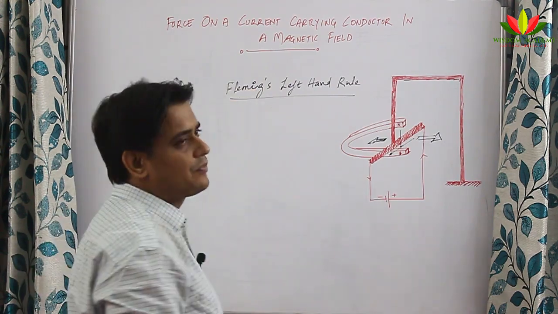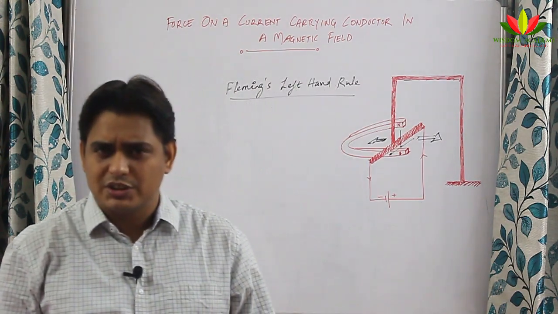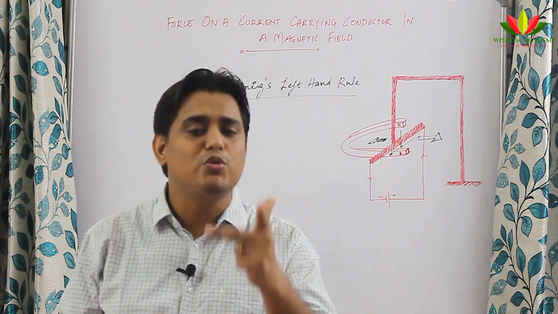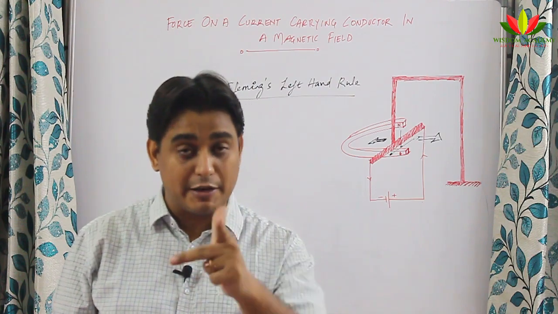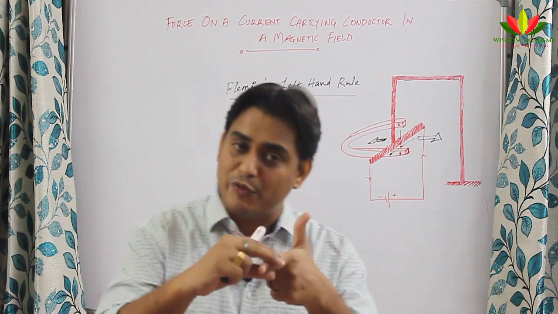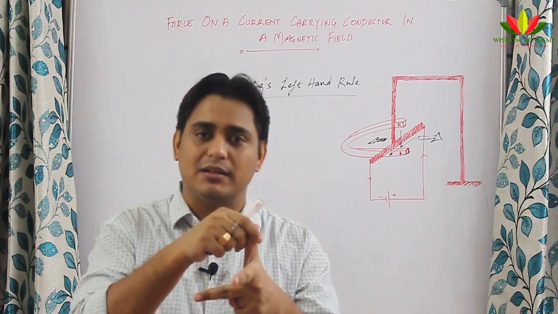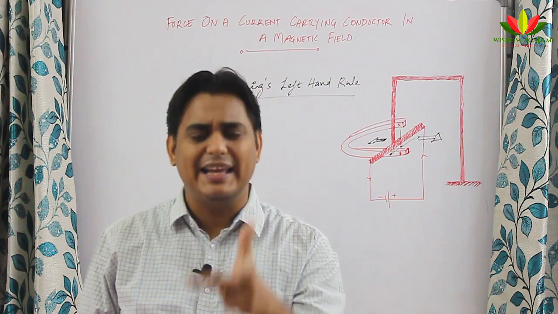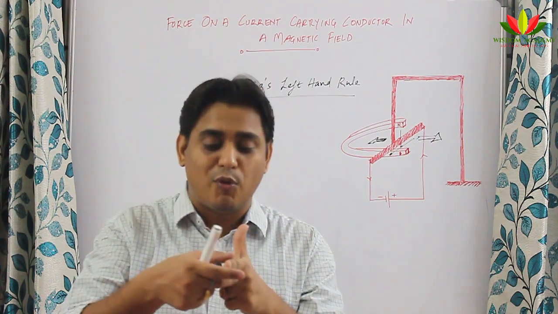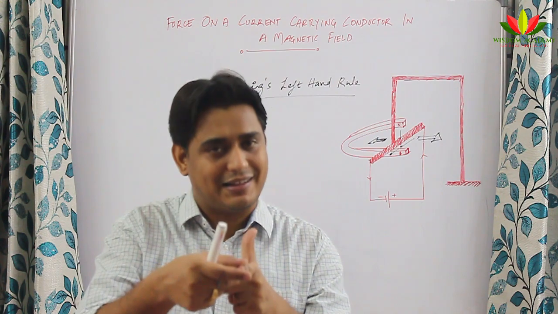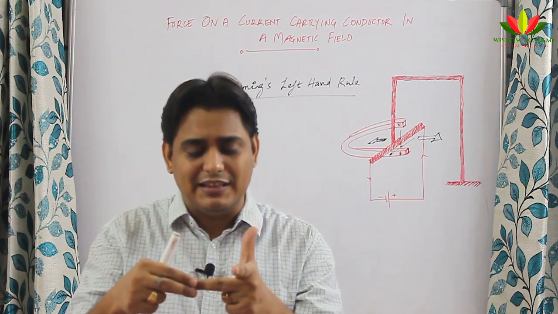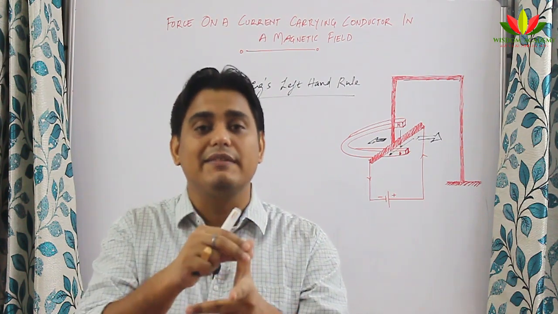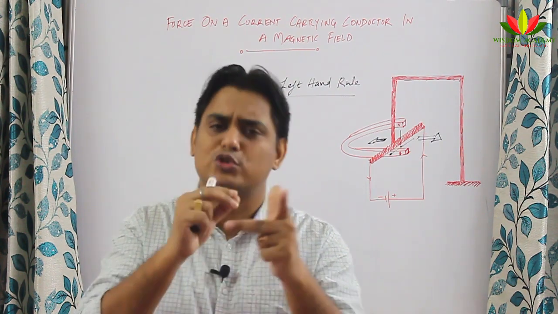It says: stretch your thumb, forefinger and middle finger of the left hand mutually perpendicular to each other in such a way that the forefinger is giving the direction of magnetic field, the middle finger is giving the direction of current, then automatically the thumb will give the direction of force on the conductor.